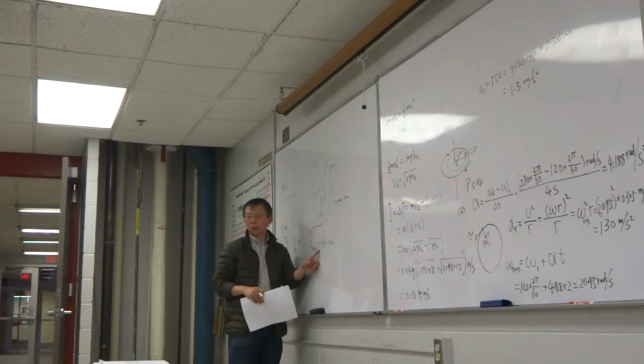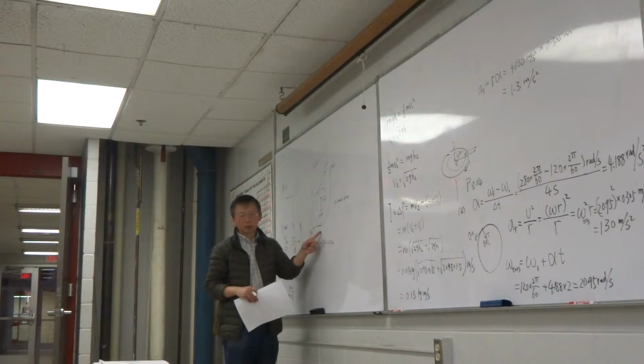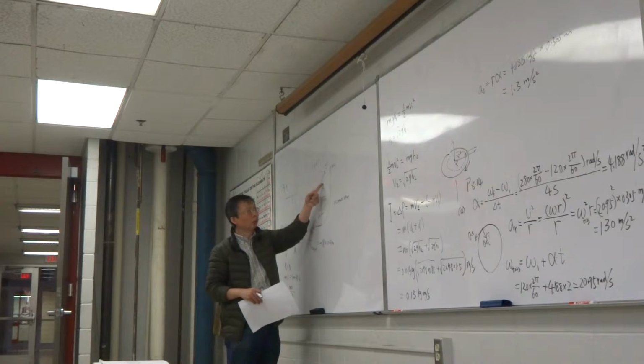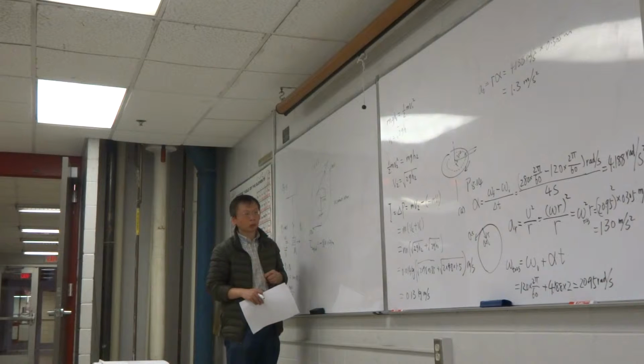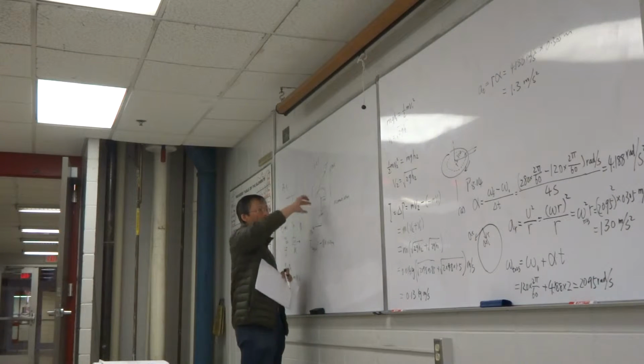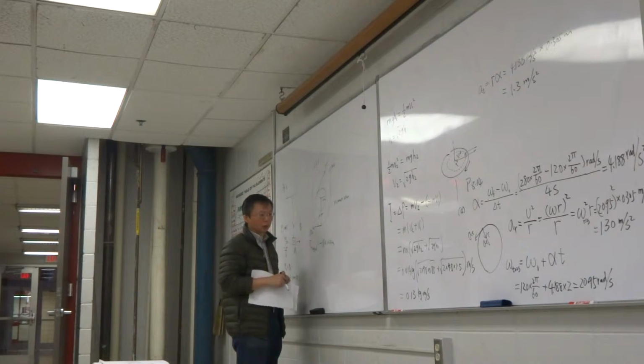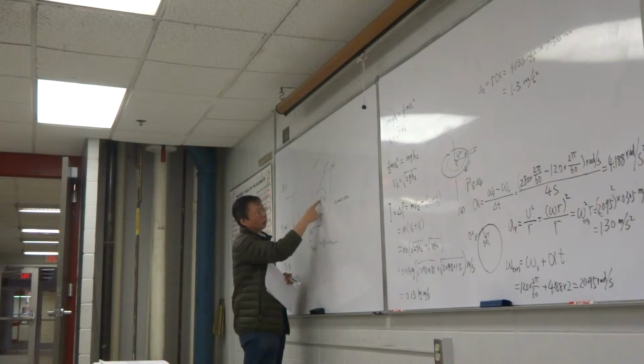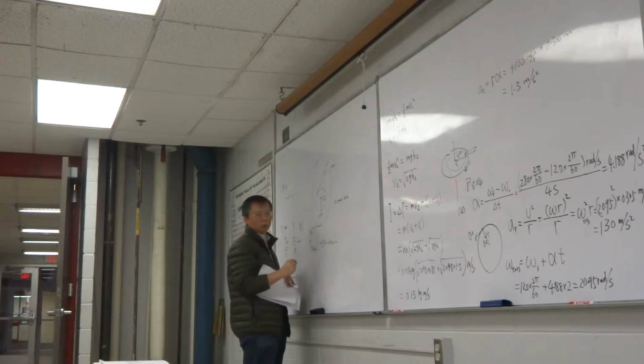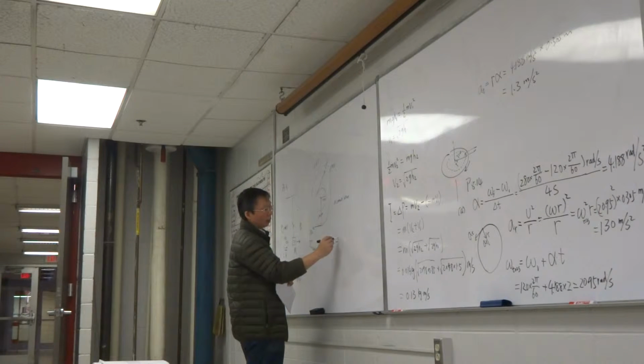It's negative because the rotation by this force is clockwise. For this force, 35 newtons, it also rotates that wheel clockwise. It's also negative. The moment arm is just the radius of this circle, 12 centimeters. So that torque should be negative 35 newtons times 0.12 meters.